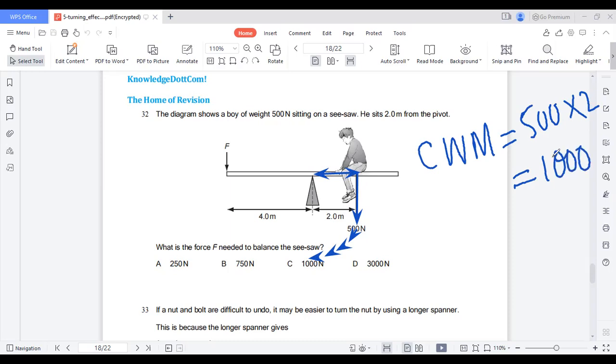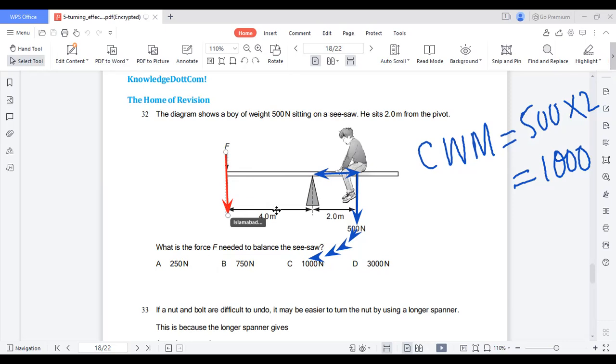Now let's see the anti-clockwise movement. The force is here and the distance is 4. What is the force F? We need to find the force F needed to balance the seesaw.